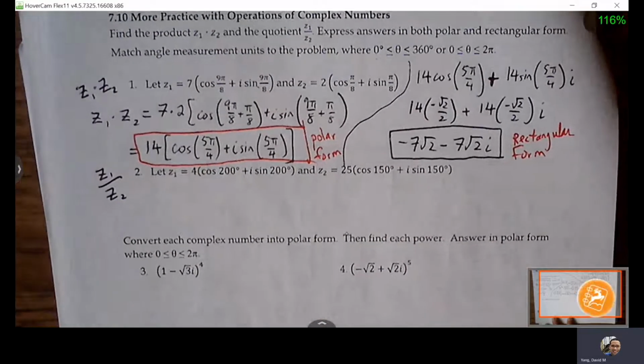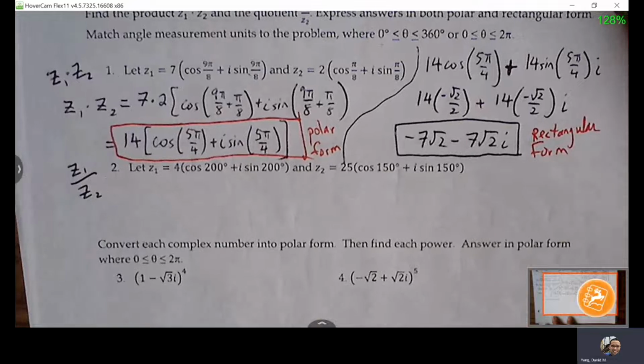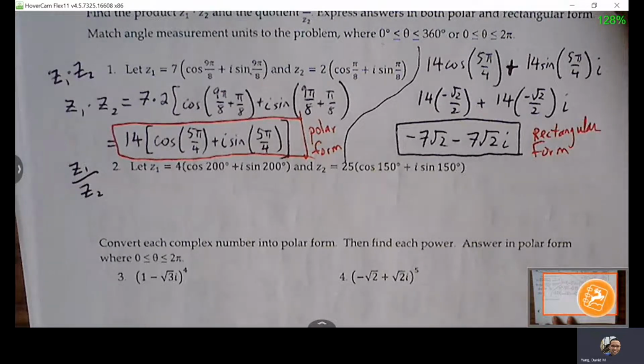Okay, check number 1, see if your answer matches. And number 2, you're just going to do quotient.